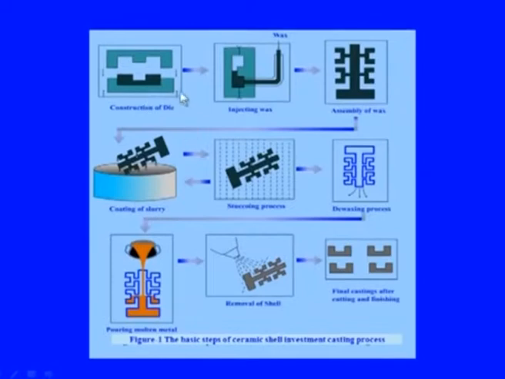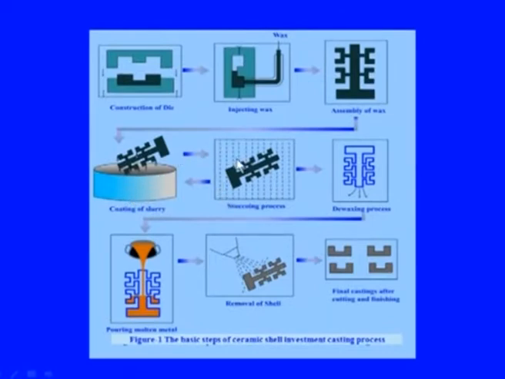In this process, the first step is the construction of the die, which is followed by injection of the wax through a system like this. Then the wax assembly is created like this, which is then dipped into a slurry for the coating.